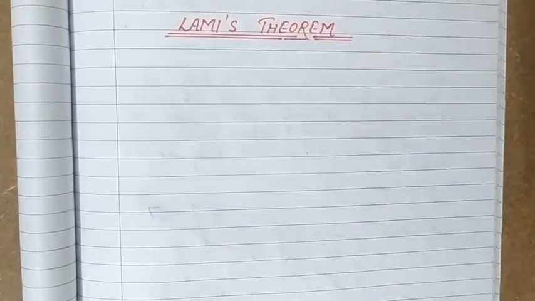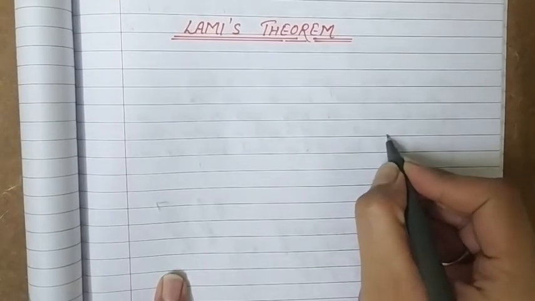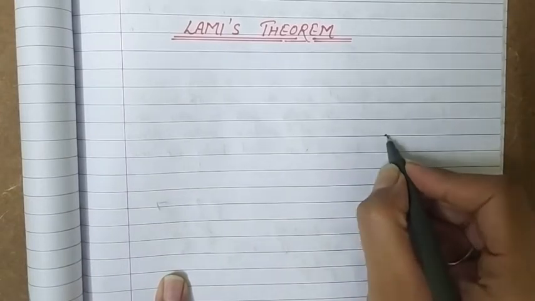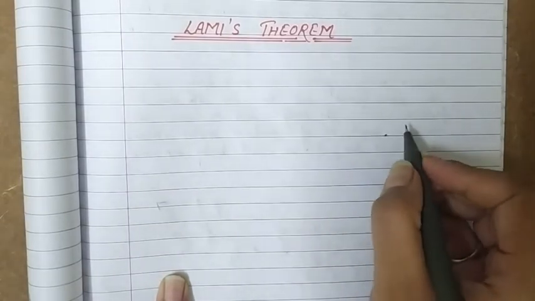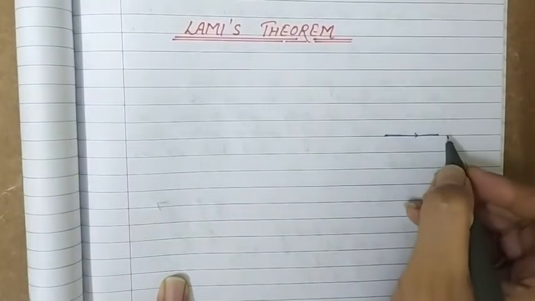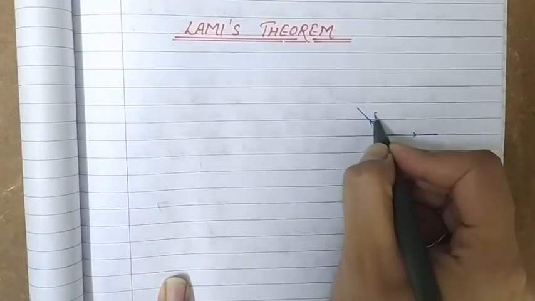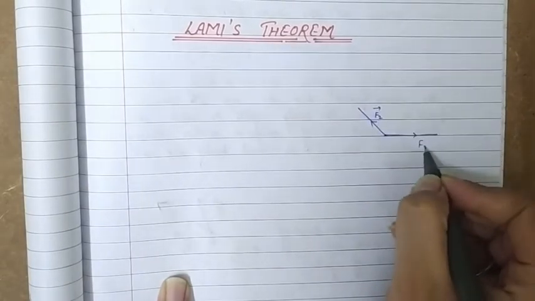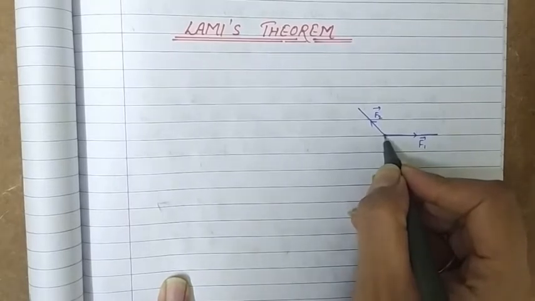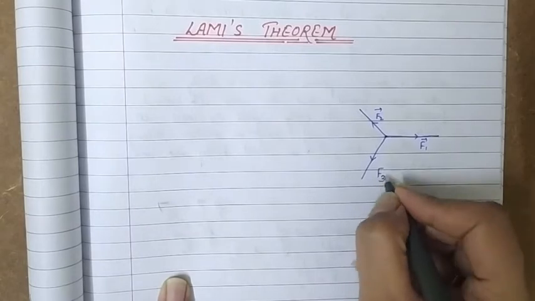So I am going to draw a diagram for that. Suppose this is the point where these three forces are acting. So I am considering three forces. First F1 vector, second F2 vector, and the third one is in this direction, F3 vector.